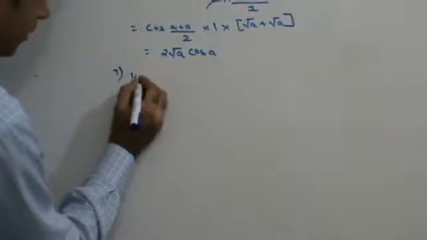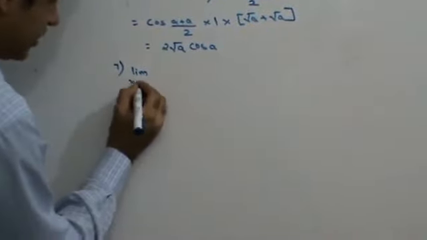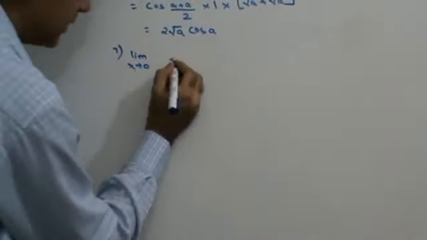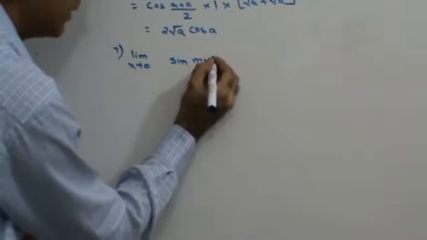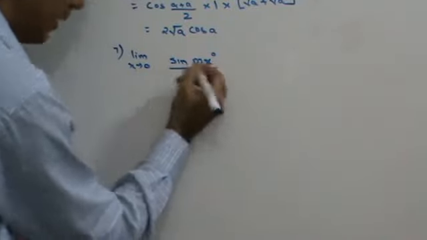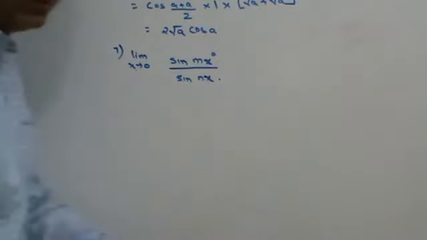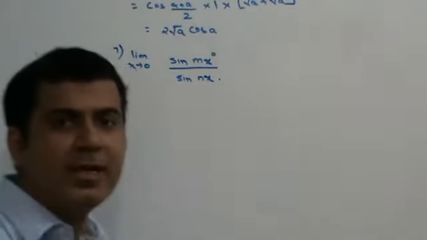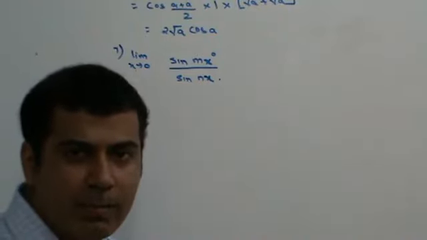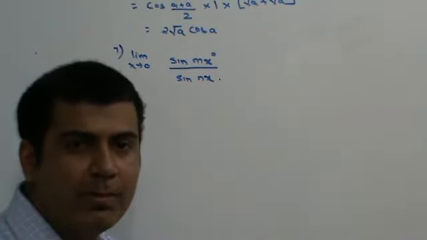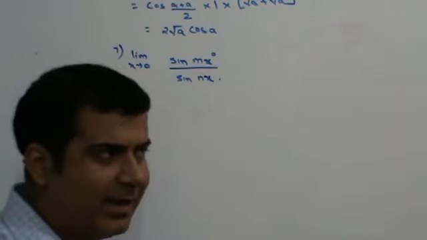Limit of x tends to 0, sin mx degrees divided by sin nx. Right? Now you have to make sure that all the formulas that you are applying in Trigo have to be on the basis of the angle being in radians.